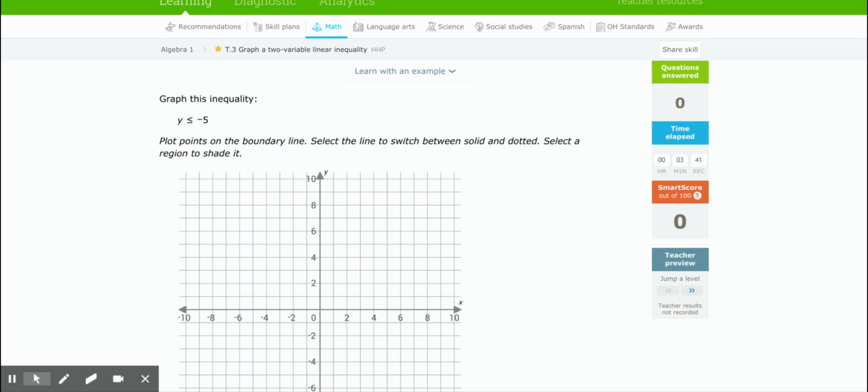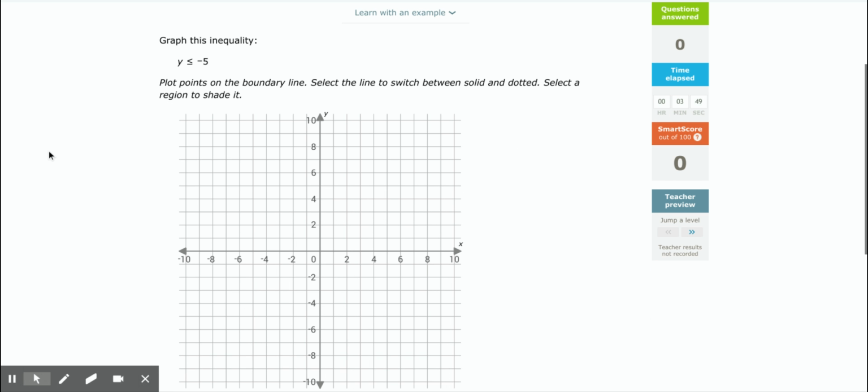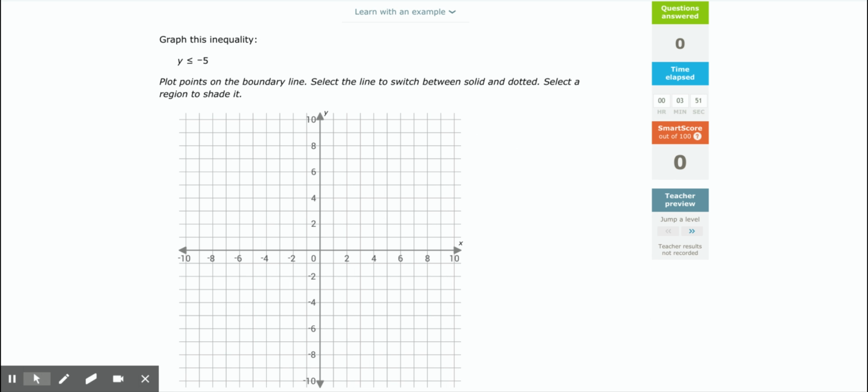Okay, the first one just says to graph this inequality, but then it also mentions plotting points on the boundary line, and then it kind of tells us how we do that. So let's graph this. When we have just a single variable, if that variable is a y, we're going to go to whatever y value they specify. In this case, it's -5.